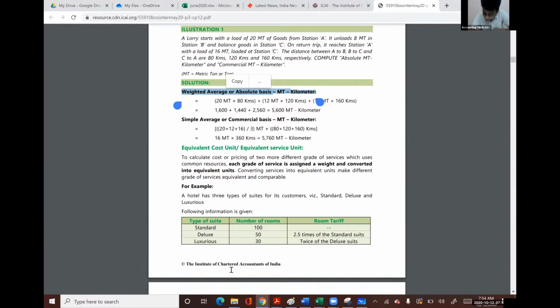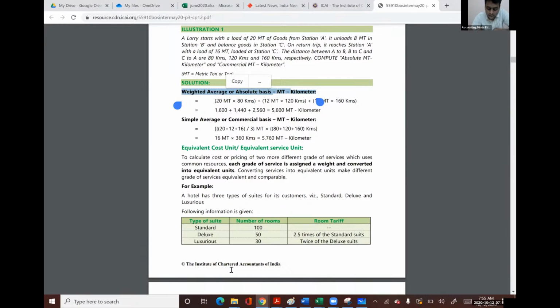If you had to take a simple average, it is pretty simple. 20 plus 12 plus 16, these are the metric tons, divided by 3. And 80 plus 120 plus 160, these are the kilometers.